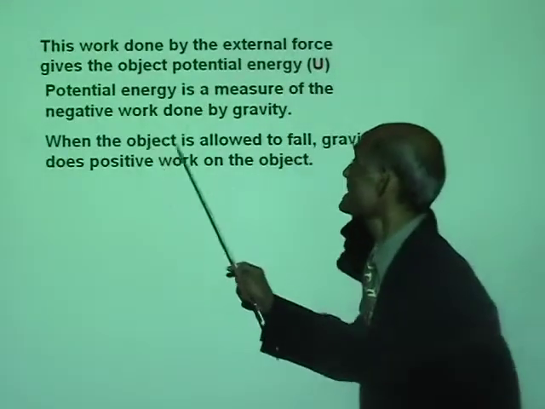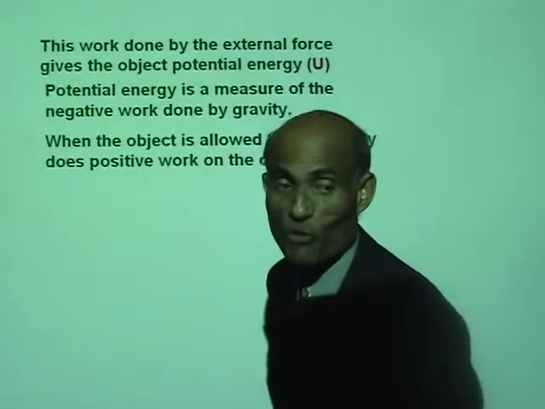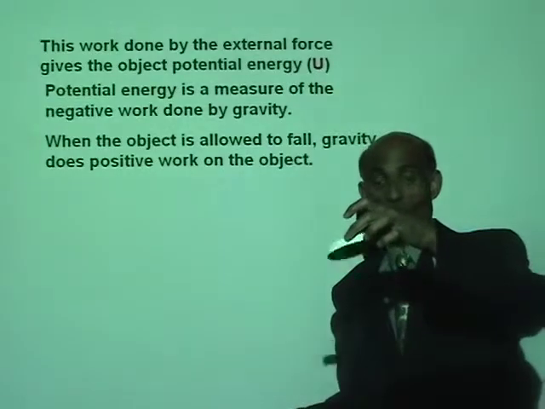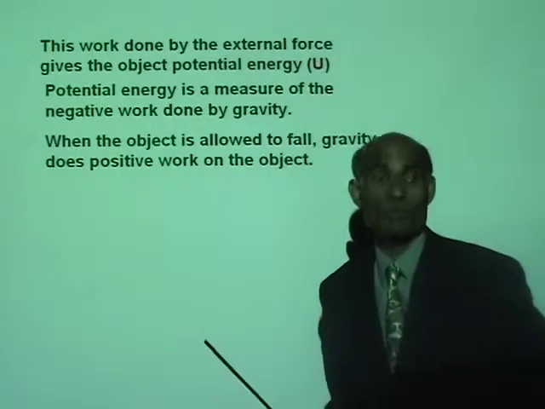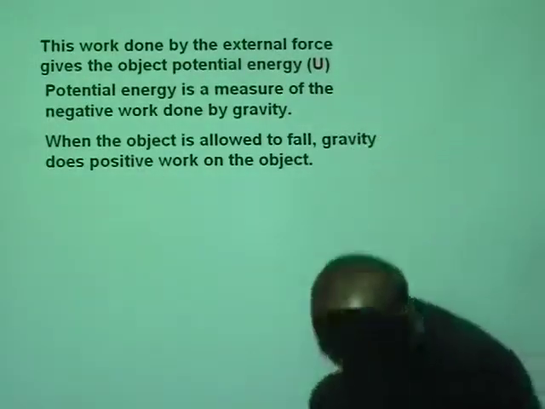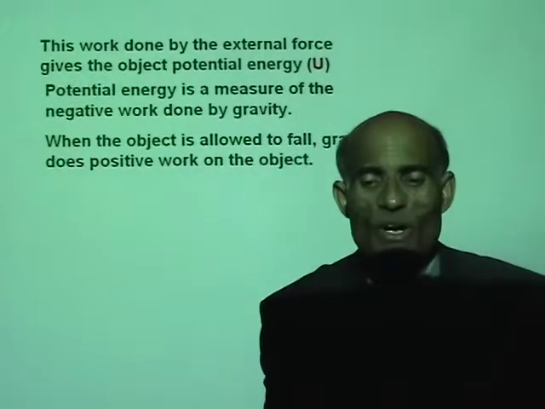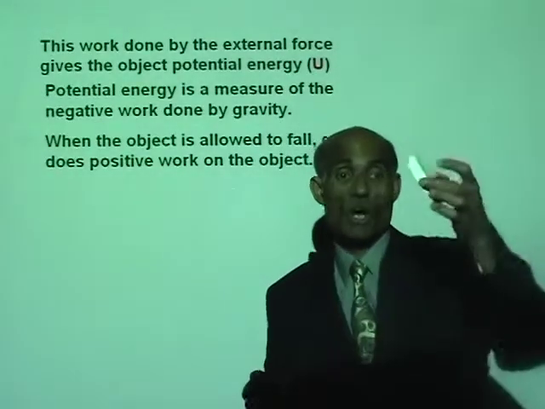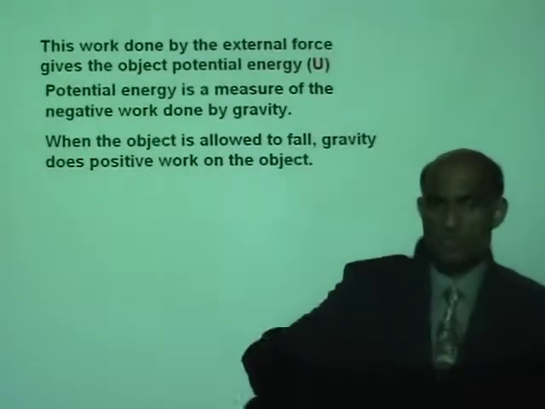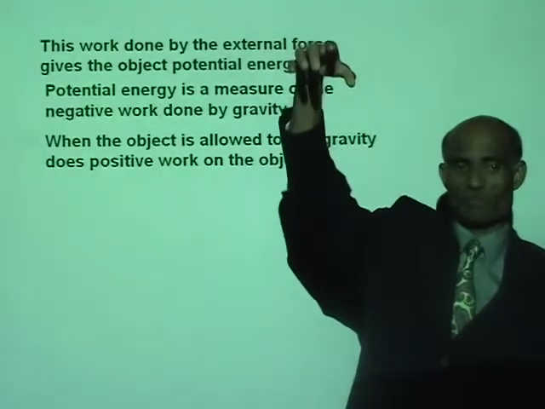Now, when the object is allowed to fall, what will happen? When the object is allowed to fall, gravity will do positive work on it. The object will fall in the direction of the force. Now tell me, therefore, what is the total work done by gravity on this object when I move it from the surface of the earth to a height and then drop it?